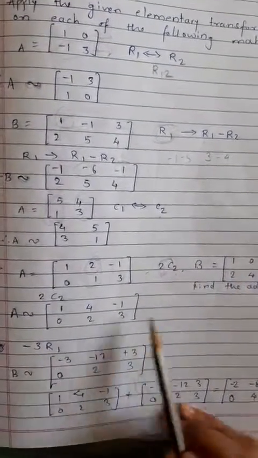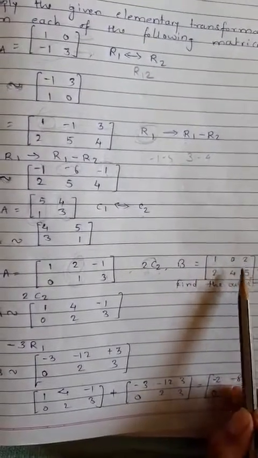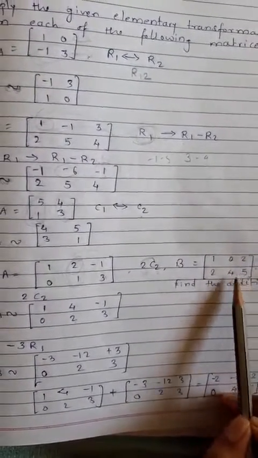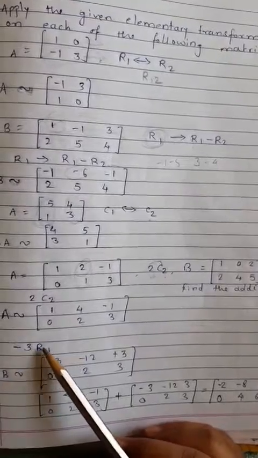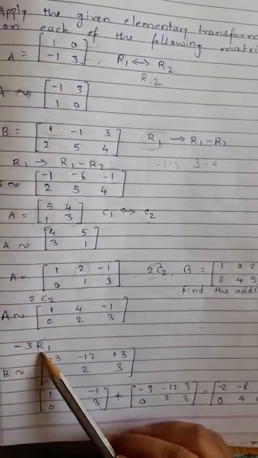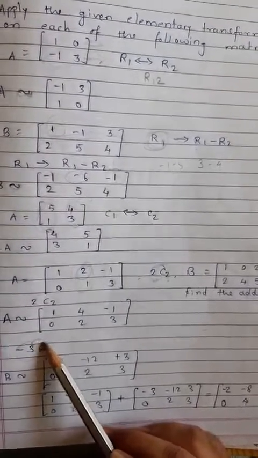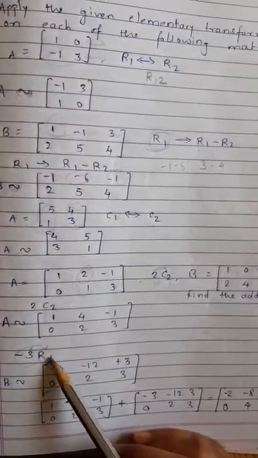Now we'll see next B, [1 0 2; 2 4 5], and we have to do the operation minus 3R1. We have to do the multiplication by minus 3 to the first row, only the first row.